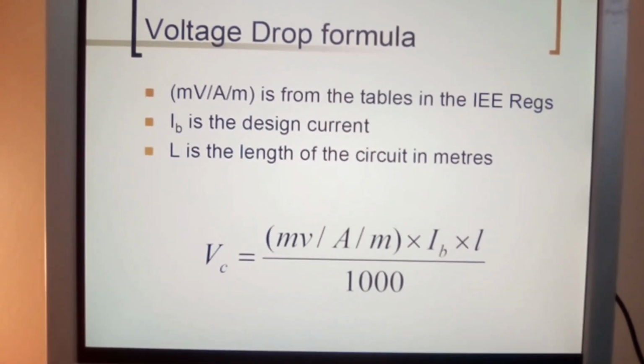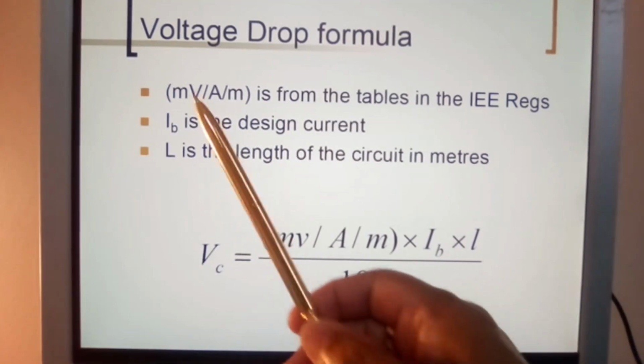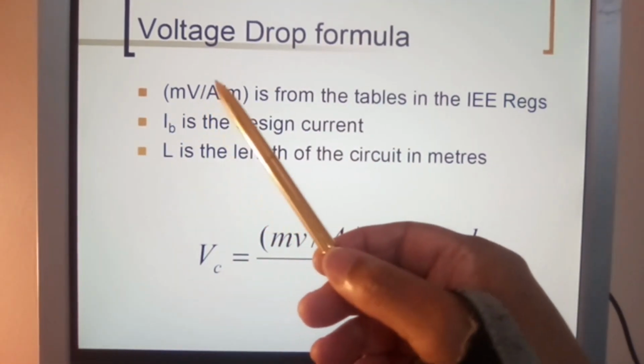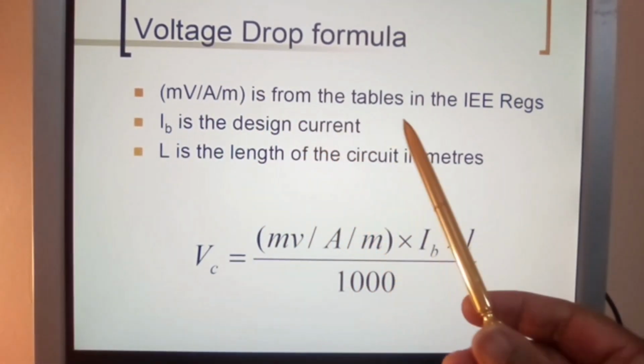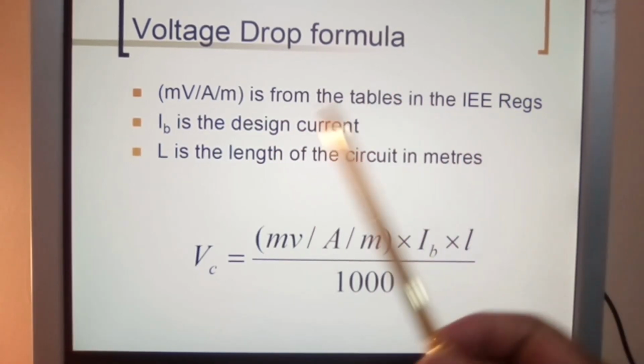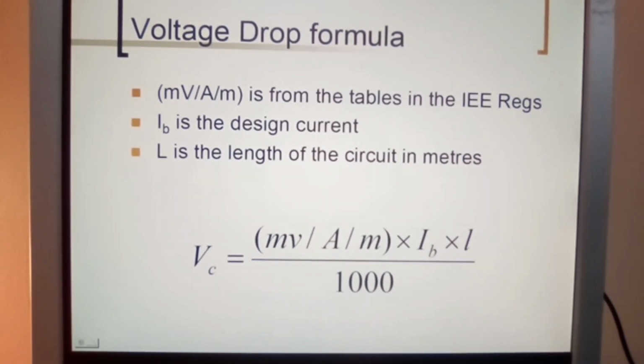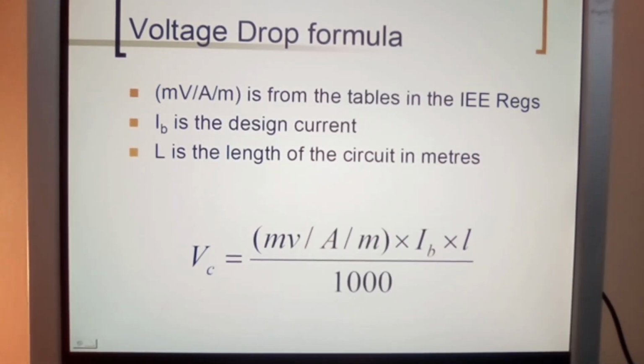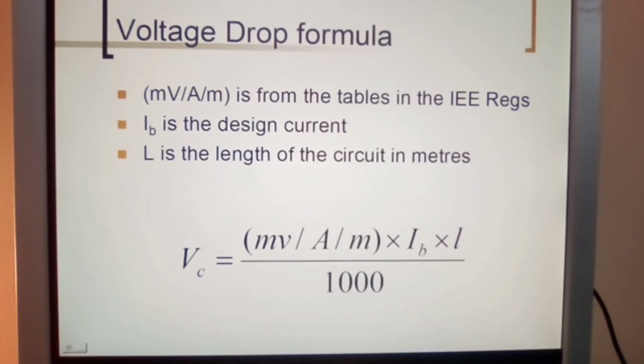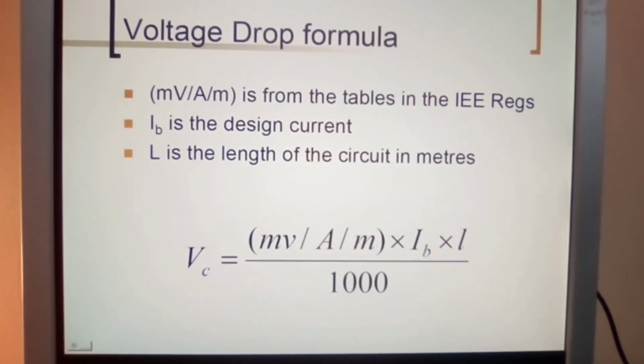Voltage drop formula. Millivolts per amp per metre is from tables in the IEE regs. IB is the design current. L is the length of the circuit in metres. And this is your formula.